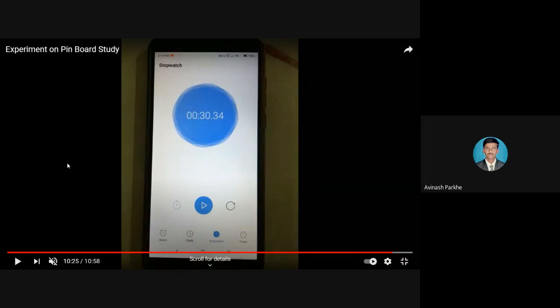Why? Because I have maintained some distance between board 1, at the left side, and board 2, at the right side. So whatever modifications we make in the setup, according to those modifications and the utilization of your hands, the time variation will take place.